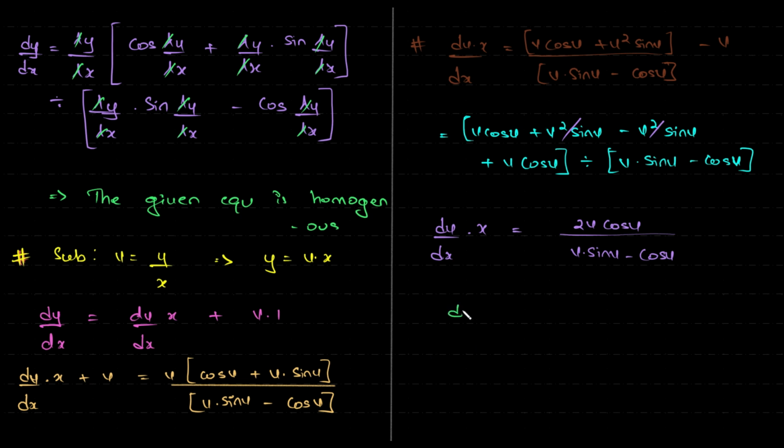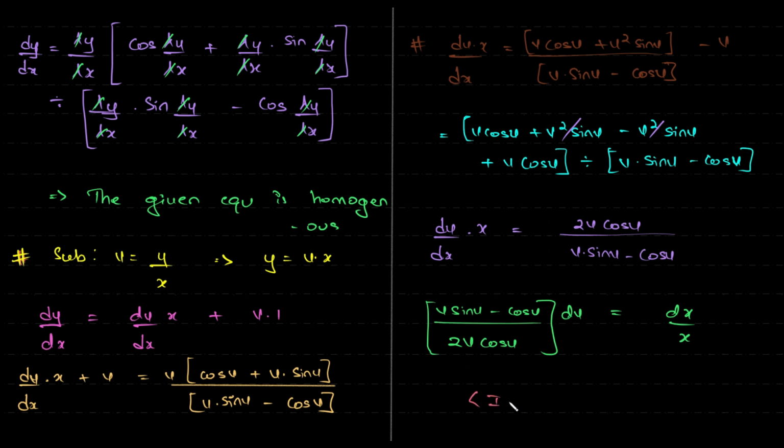All we have to do is a bit of rearrangement. Then we have, okay, this would be actually v sin v minus cos v divided by 2v cos v. This entire thing is dv is equal to dx by x.